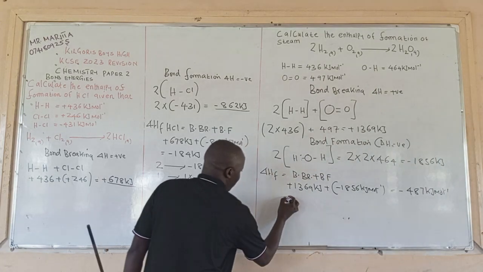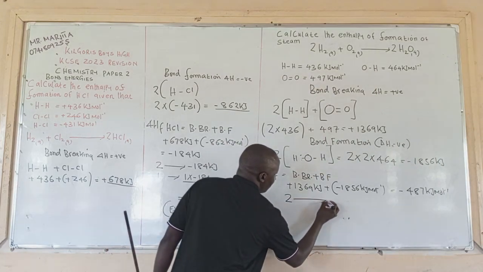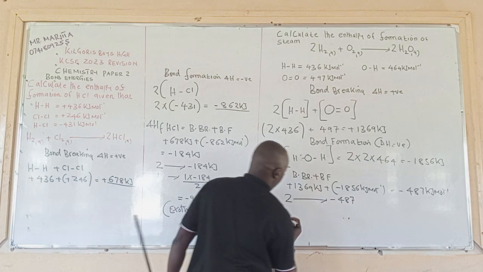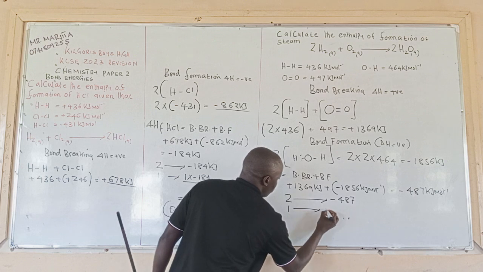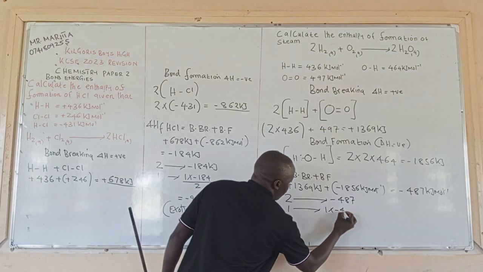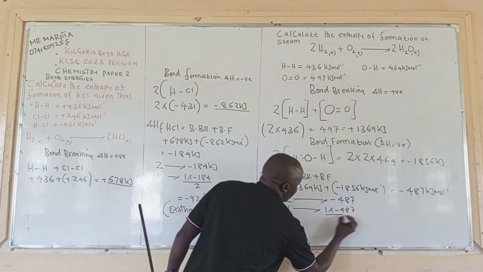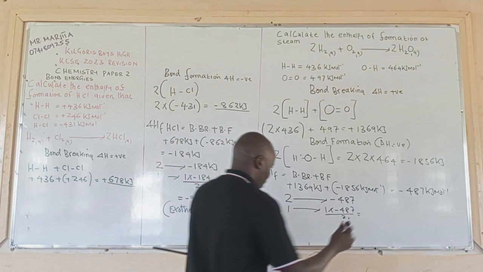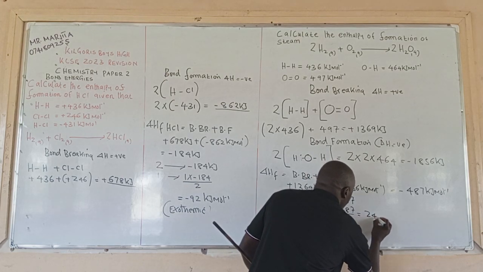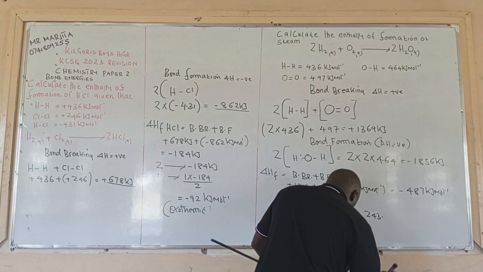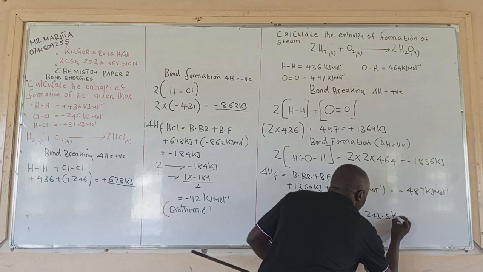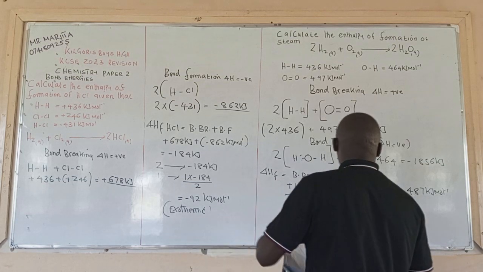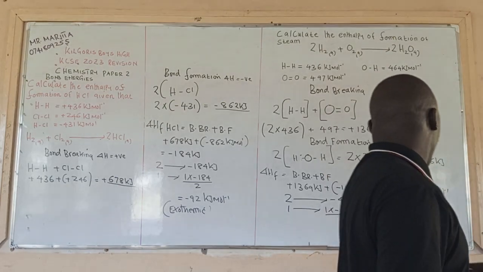If 2 moles of steam produce negative 487 kilojoules, then 1 mole is equivalent to 1 times negative 487, divided by 2, and that gives us negative 243.5 kilojoules per mole.